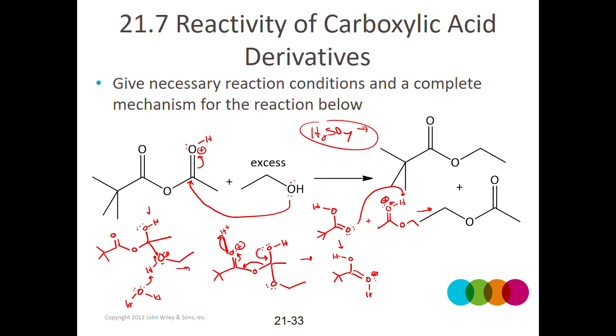Now it's more electrophilic, and so since I'm using excess of this, I expect another one to come in here and push these electrons up to that oxygen. So this oxygen coming in there, it's not going to be bonded there.